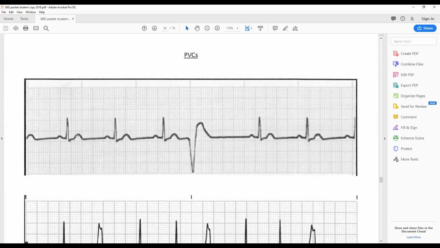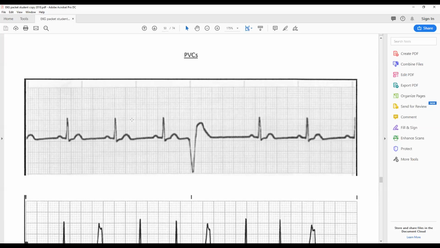You have to tell me what the underlying rhythm is, and then you just add on with a PVC. So if I want to say this is 50, I could say this is bradycardia with a PVC, normal sinus bradycardia with a PVC is what I'd say.